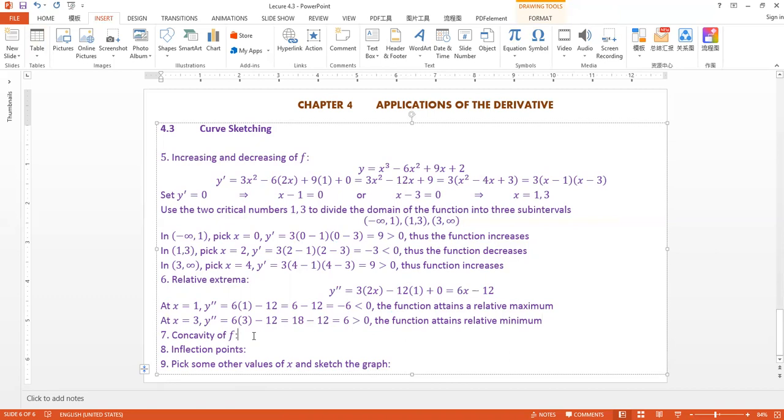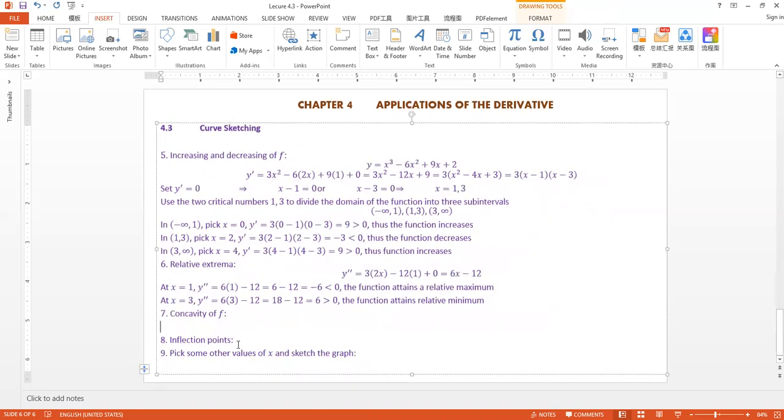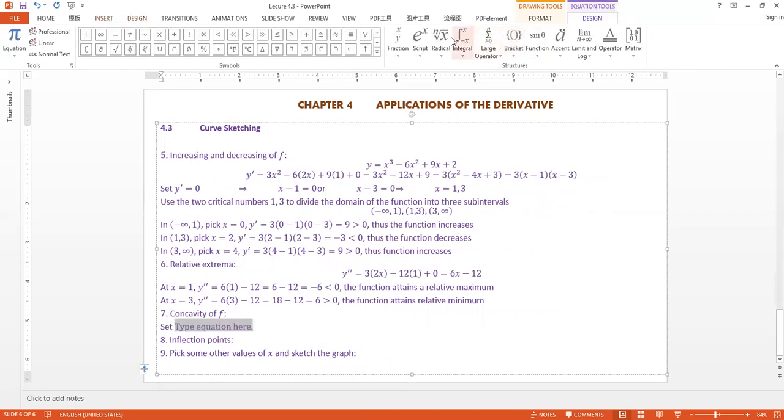So the next thing is the concavity of f. This time we're going to use the second derivative. Okay, so what do we do? We're going to set the second derivative function to 0 and then solve for x.